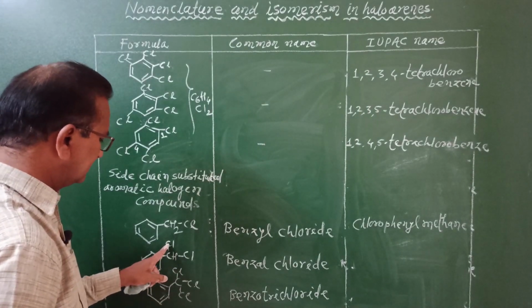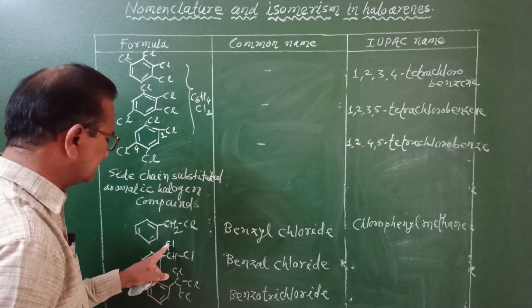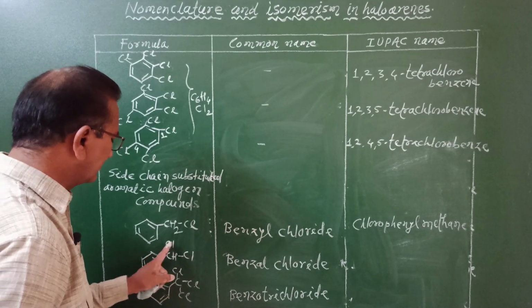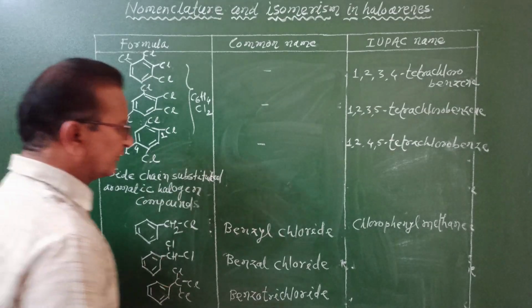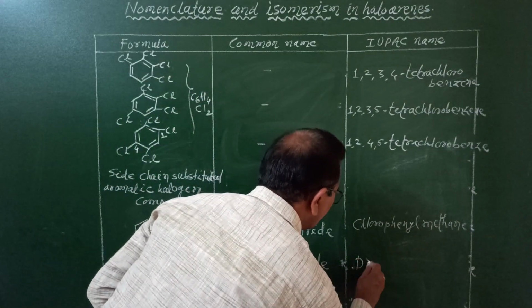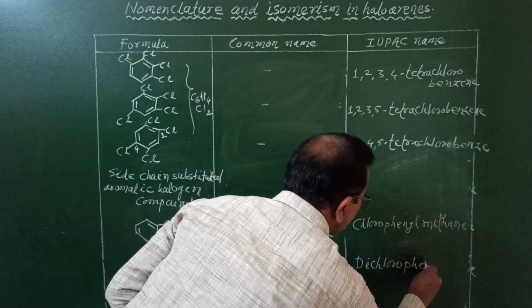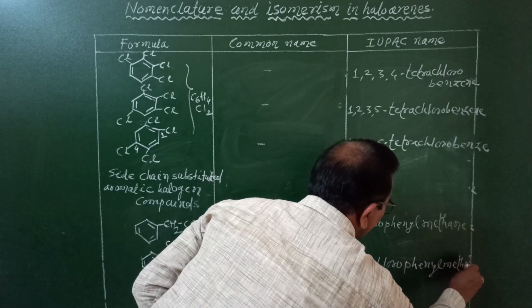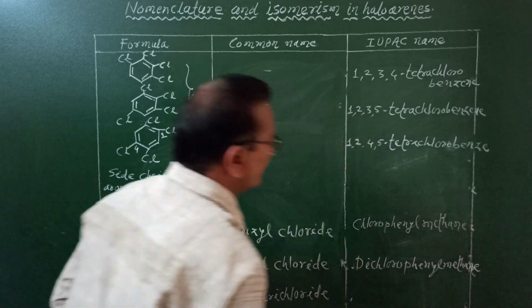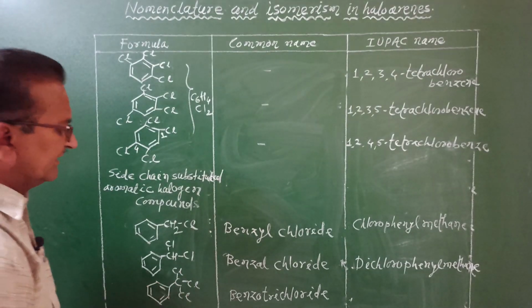Now let us see the next. There are two substituents. Two chlorine atoms are bonded to this carbon atom. Therefore, this is called dichloro, since there are two chlorine atoms, and this is the phenyl group: dichlorophenylmethane, written as one word. Now let us see this one, trichlorophenylmethane.